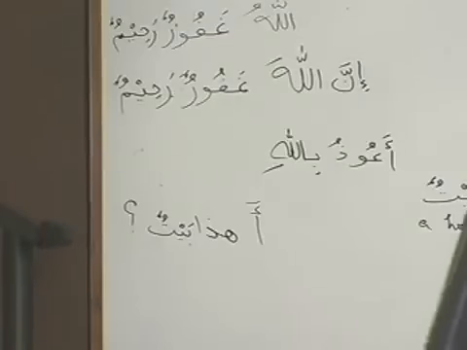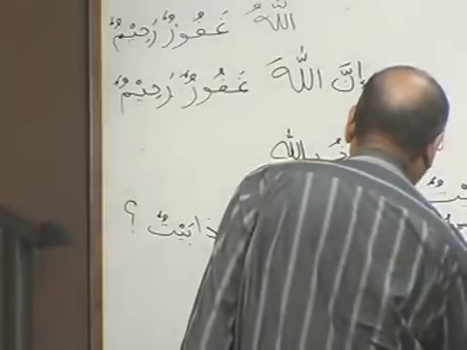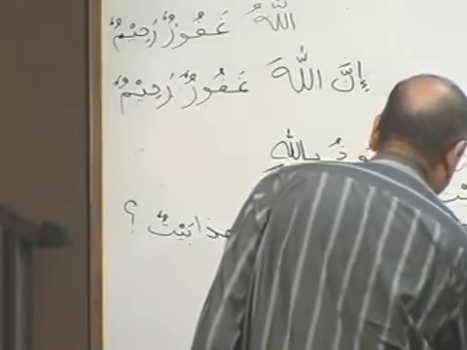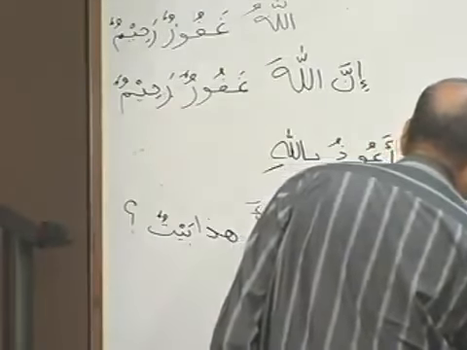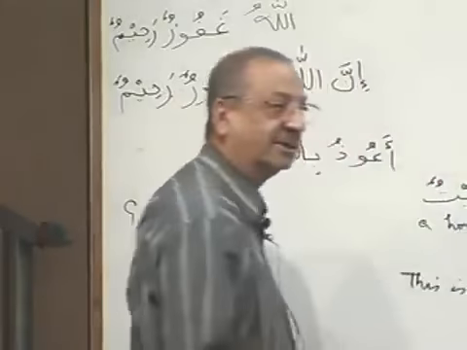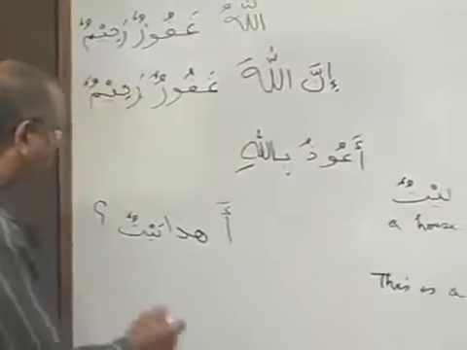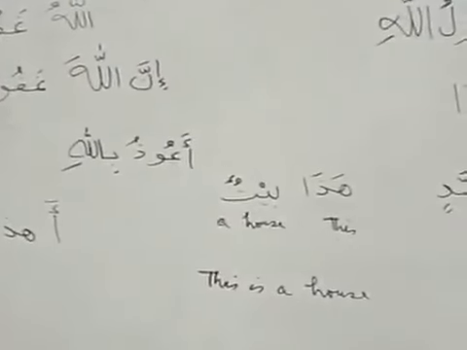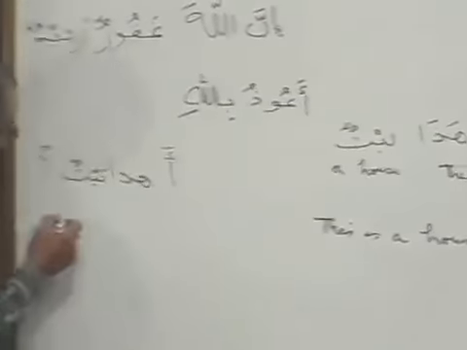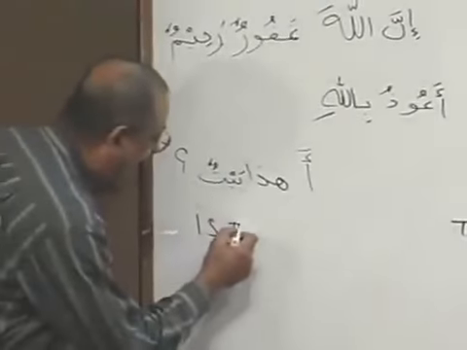Let me write down properly. This is a house. Okay, brother and sister, this is a house. How about here? Is this a house?